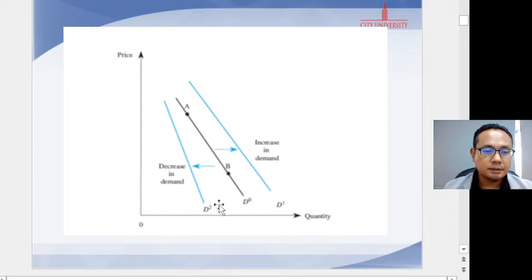If income increases, the demand curve will shift to the right. Sorry, it is income, not price. When income increases, the demand for that good increases.